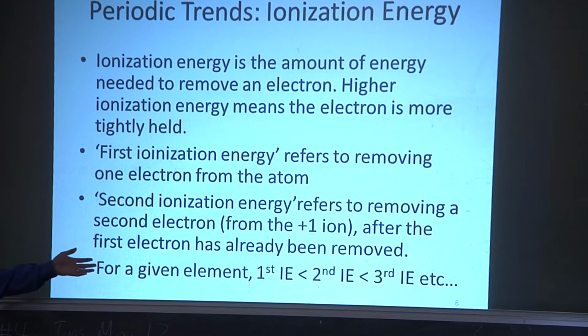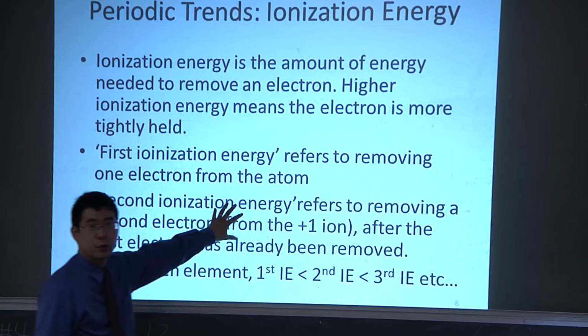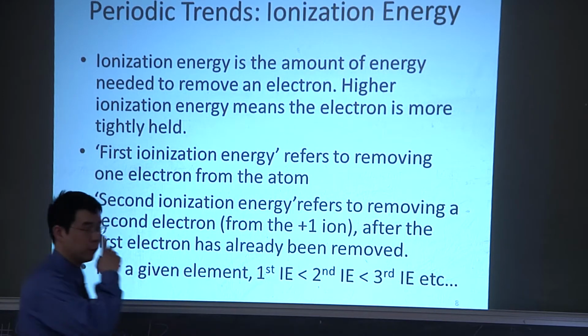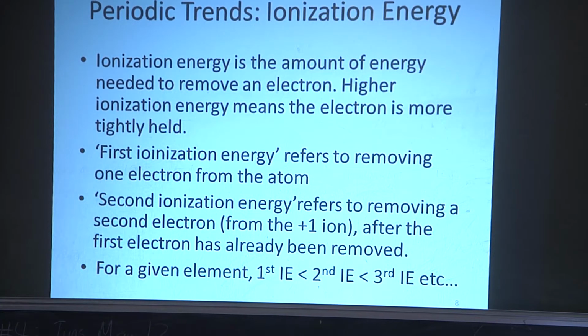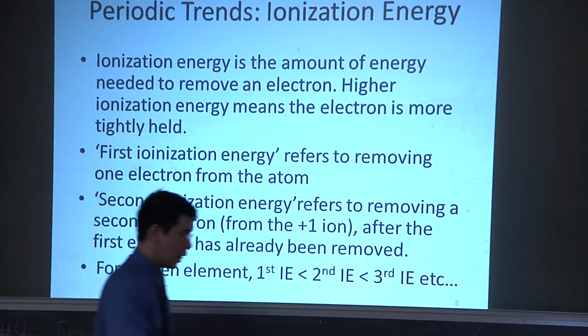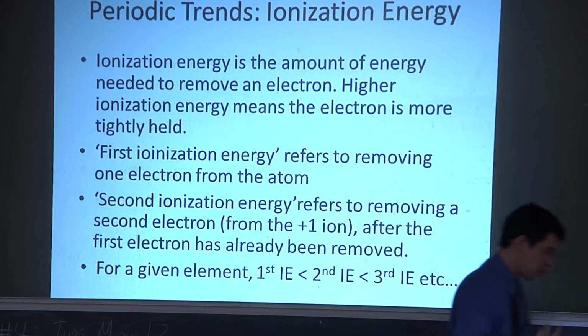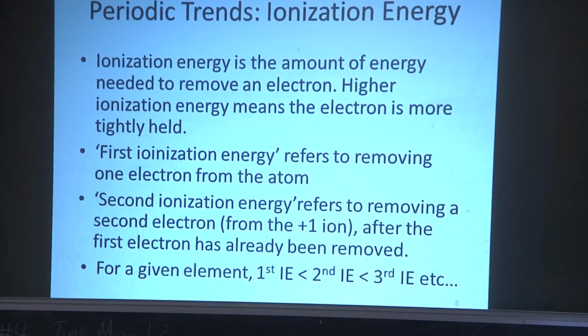The third is going to be, once the first two are removed, how much energy it takes to remove the third. And so now we have a lot of different considerations. In the previous trends, we were looking basically across the table and up and down the table, and we'll still be doing that here. But we're also going to be thinking about the first ionization energy versus the second versus the third, and so on.